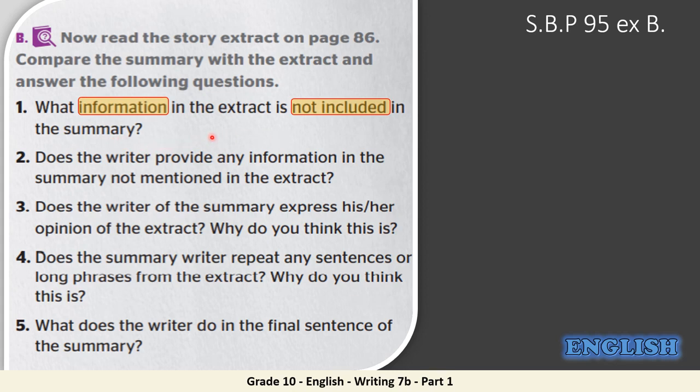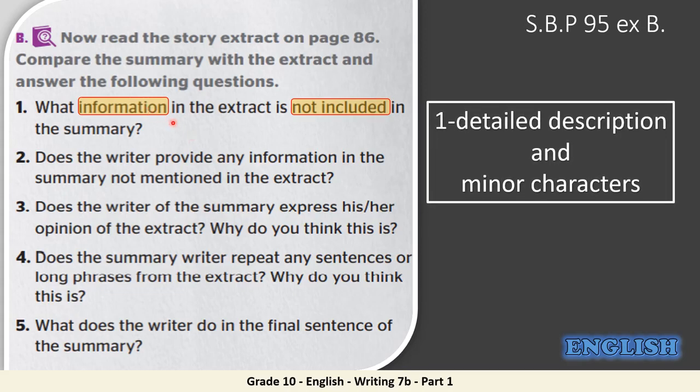And does he give us more details about the events? That's correct. The answer is no. So, the information that is not included in the summary is the detailed description and the minor characters. We only focus on the major characters of the story.